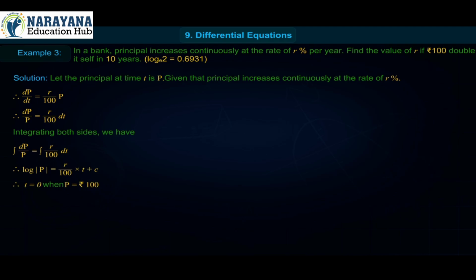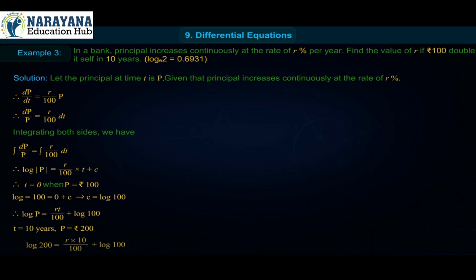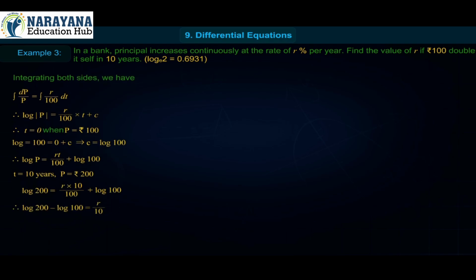Now, t is equal to 0 when p is equal to rupees 100. Log 100 is equal to 0 plus c implies c is equal to log 100. Therefore, log p is equal to rt upon 100 plus log 100. t is equal to 10 years, p is equal to rupees 200. Log 200 is equal to r into 10 upon 100 plus log 100.